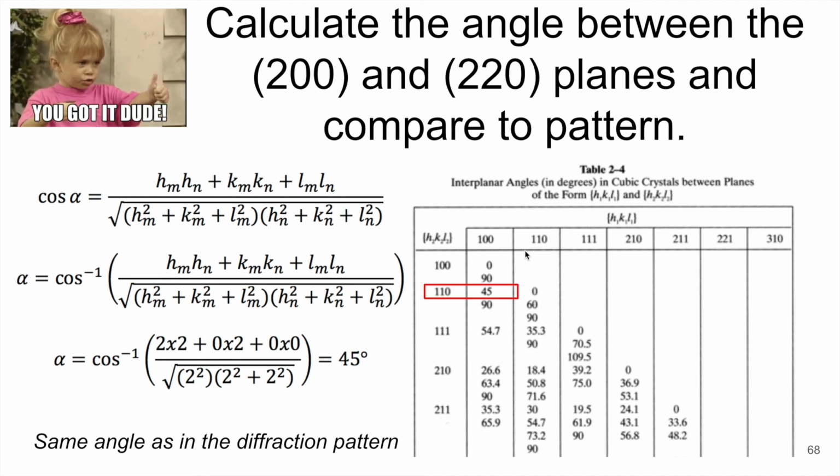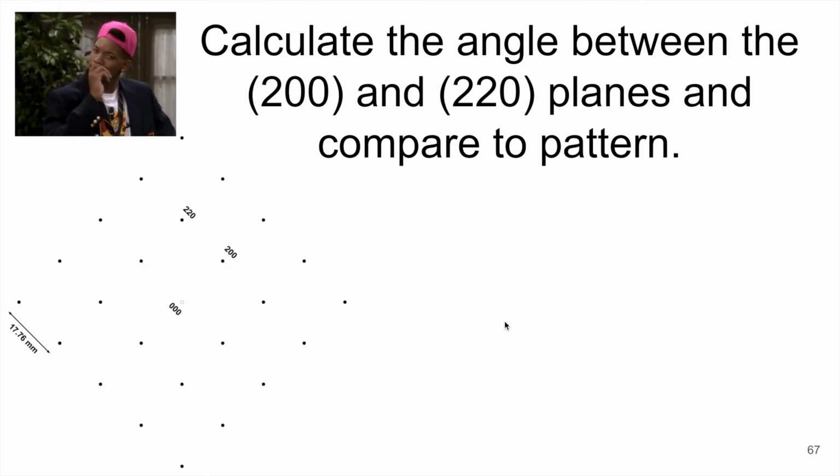For the table, I've got a 100 type and a 110 type, because the angle will be the same for 220 versus 200 and 100 and 110. So 45 from both. And if we go back to the pattern, that looks like a 45 degree angle because this is a 90 and it's halfway in between.